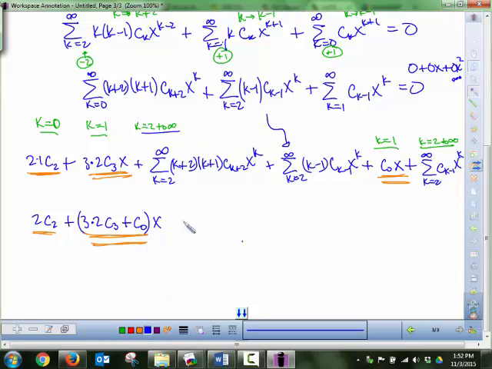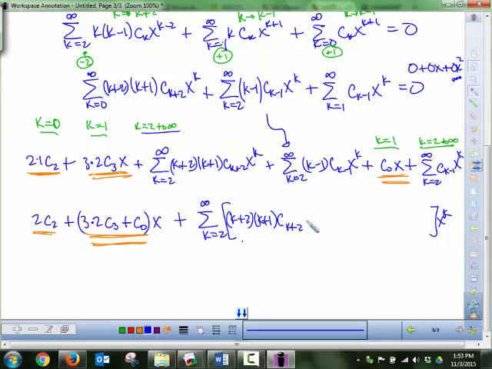And then I have the rest of them from my quadratic term on. So let me see if I can rewrite this into one big summation. What do I have? I have a big mess is what I have. I have k plus 2, k plus 1, c sub k plus 2, times x to the k, and k starts at 2. I will factor out an x to the k, because all these summation signs have an x to the k.